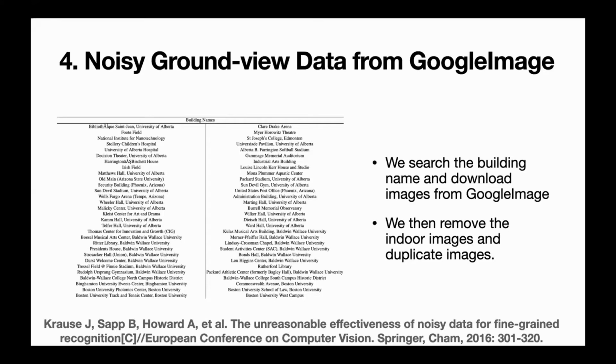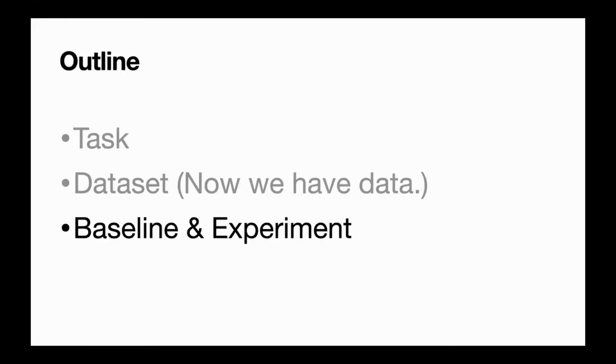We also remove the indoor images, since searching the building name also obtains many indoor images, and we remove the duplicated images. Finally, we propose a baseline to verify the effectiveness of the proposed dataset, and we do some experiments.